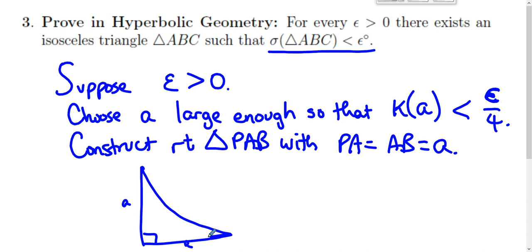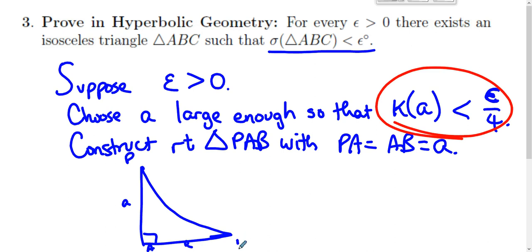Why did we bother with this piece? We bothered with this piece so we would know that these connected. So here's P, A, B. Well, then we just come through on the other side.